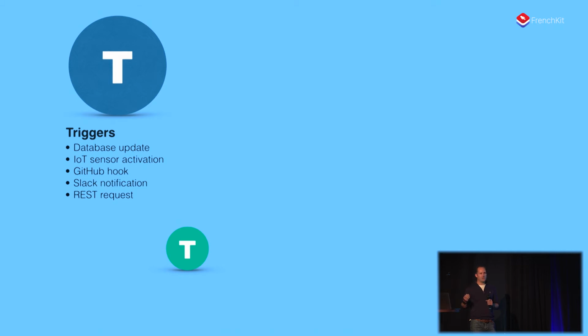So new data arrives in a database, a field's deleted, or anything like that, you can kick off an event. You can do it through IoT sensors. So if you have a sensor that's connected using something like MQTT, then an event being sent from the IoT sensor is enough to be able to trigger serverless code. You can use webhook integrations in GitHub or Slack. And you can also use REST requests, so a standard web request of a server. So exactly what you would do during serverless.